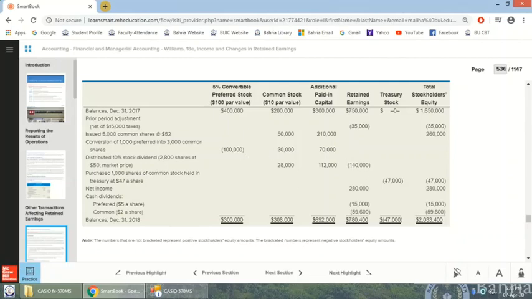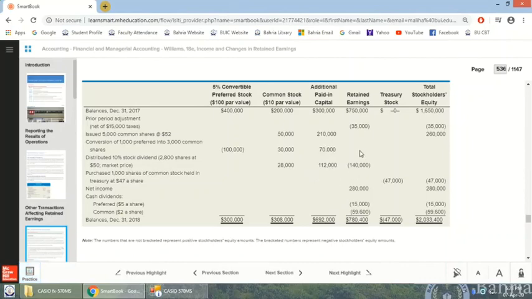Now, how do you compute the par value of common stock and paid-in? Simply multiply the par value per share, which is $10, by 2,800, and you get 28,000. And from 140,000, which is the total price, you subtract 28,000 and you get 112,000.